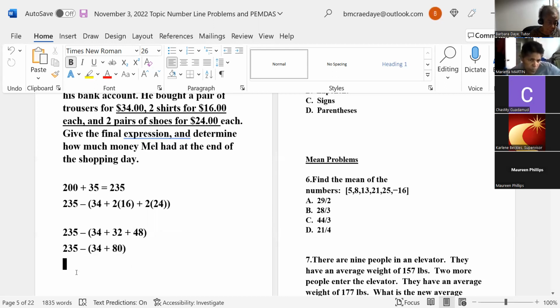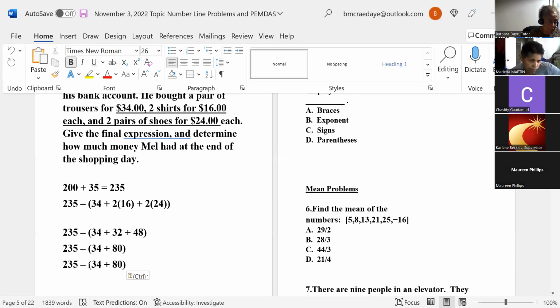Okay. So let's put minus 114. And what's that equal to, Maureen? When you do the subtraction, what do you get? 235 minus 114.